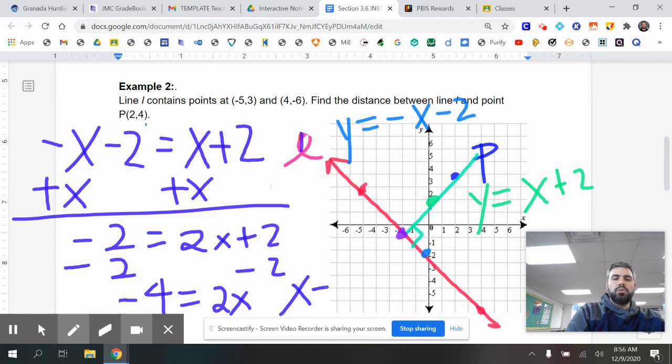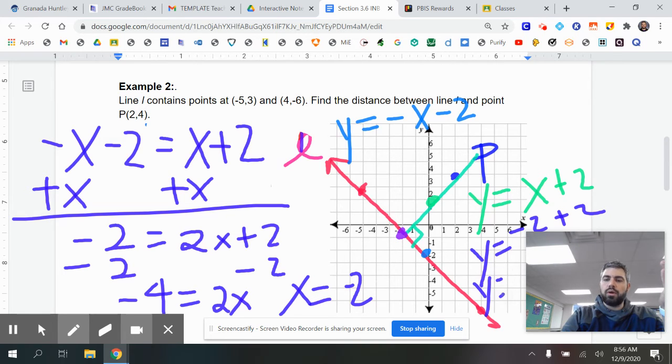So x would be negative 2, which, if we look at that purple point right there, looks like it's when x is negative 2. But if we know that x is negative 2, what's y going to be? Well, I can use either one of my equations. If you look at the green line that we found, if I let x be negative 2, y equals negative 2 plus 2, which is 0.